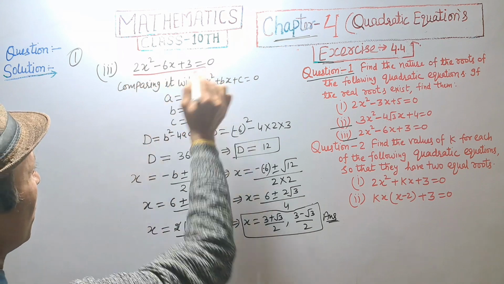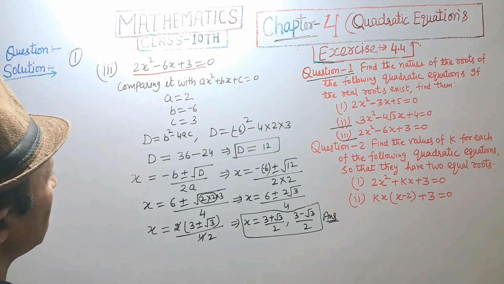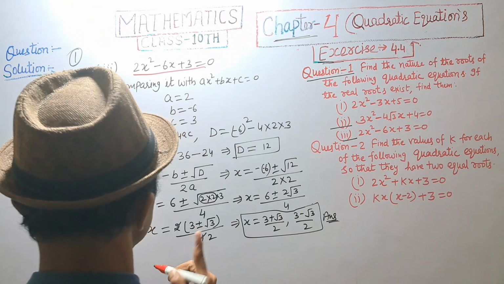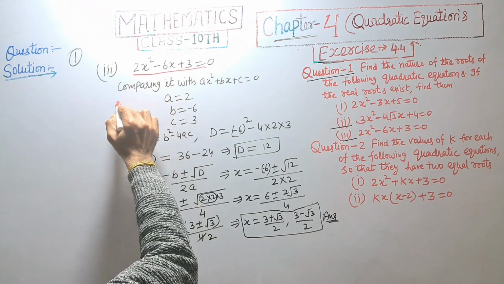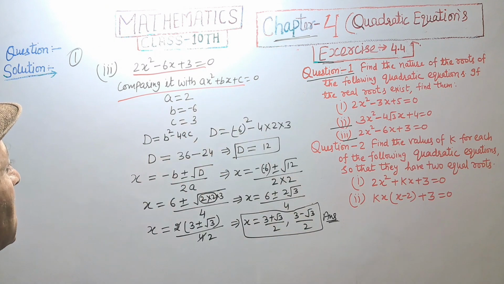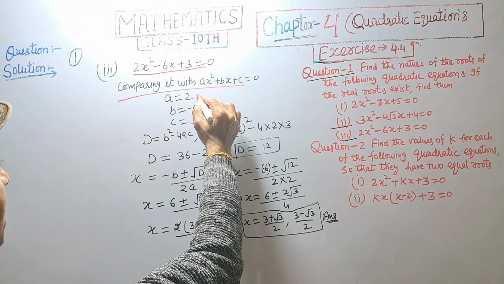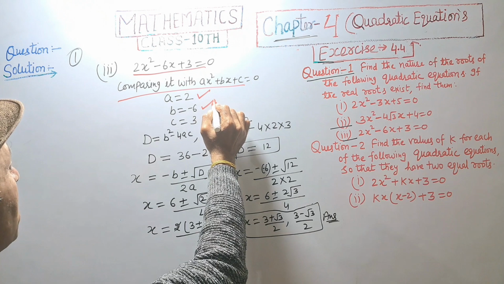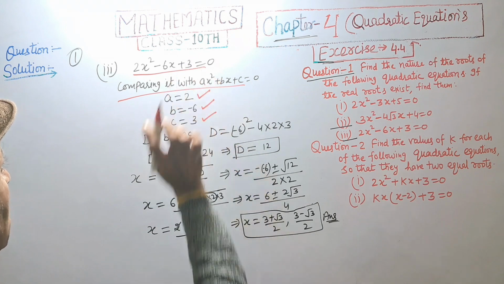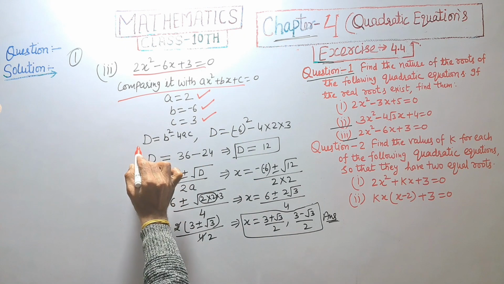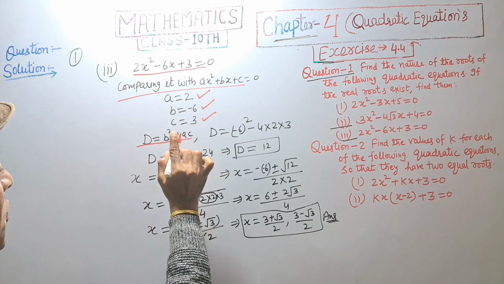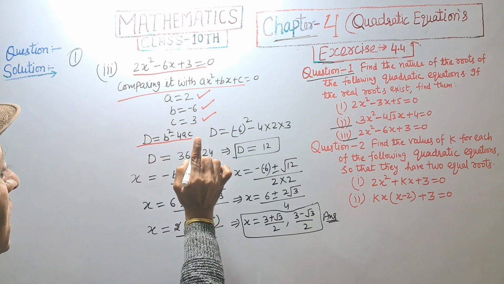Given quadratic equation is 2x square minus 6x plus 3 equal to 0. We are comparing it with ax square plus bx plus c equal to 0 and get the value of a is 2, b is minus 6, c equal to 3. Discriminant D is equal to b square minus 4ac.